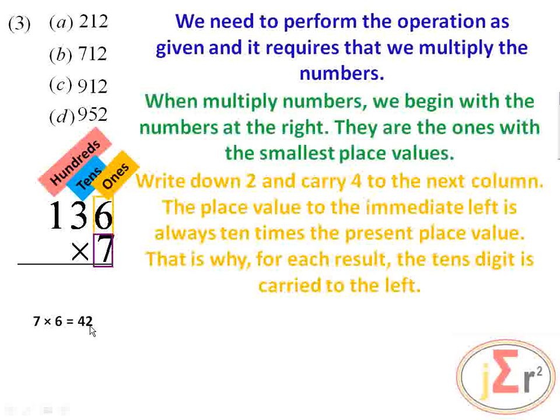So we are working in the ones column. 2 is placed in the ones column. The 4 is a digit of greater significance. It is carried to the column of greater significance, which is located to the left.